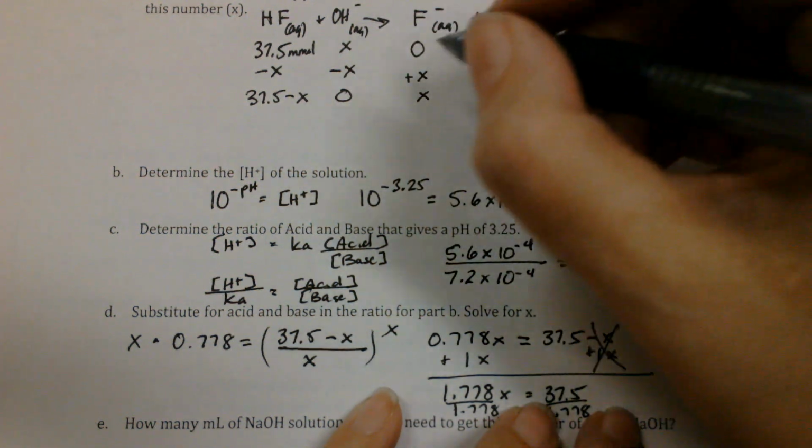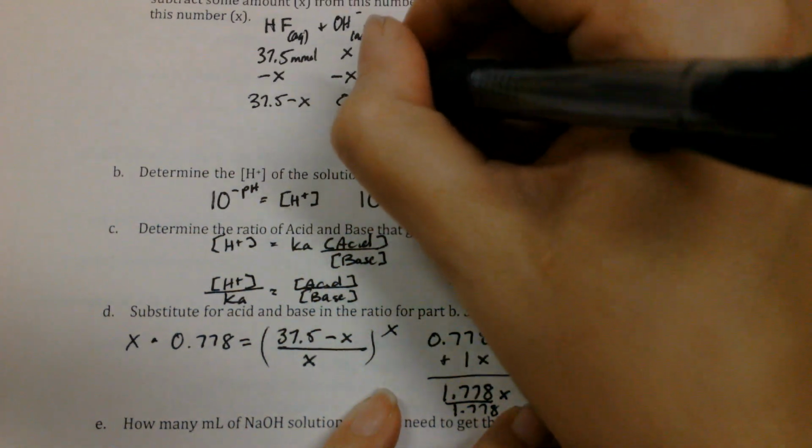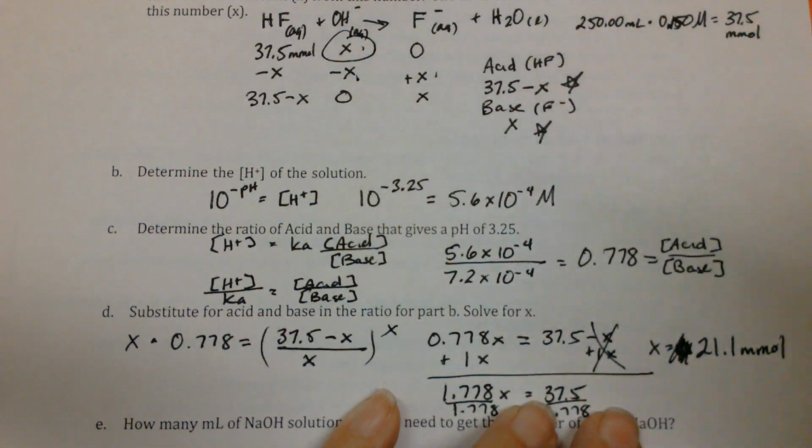But most importantly, I have that this number right here is 21.1. So that's the amount of OH minus that I need to put in. I need to figure out how to get 21.1 millimoles.